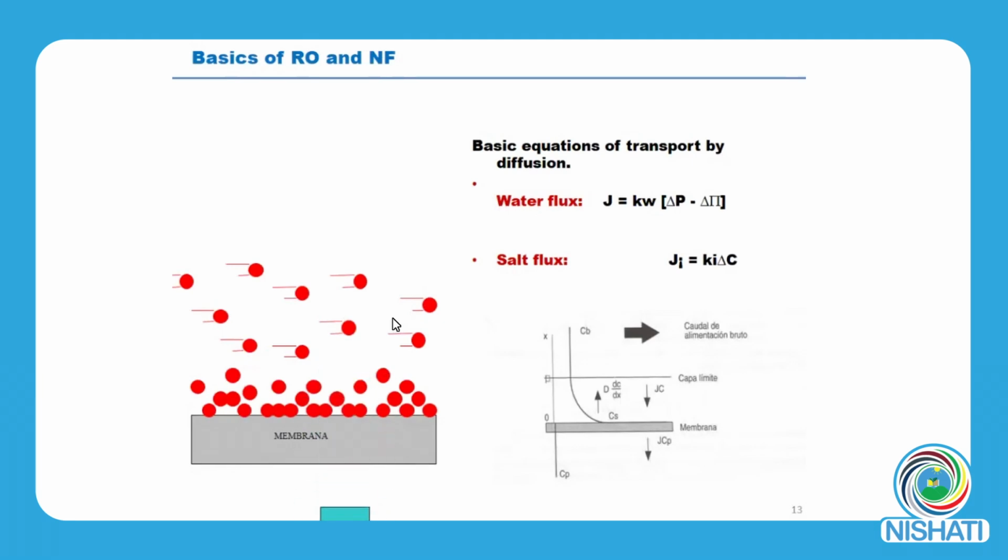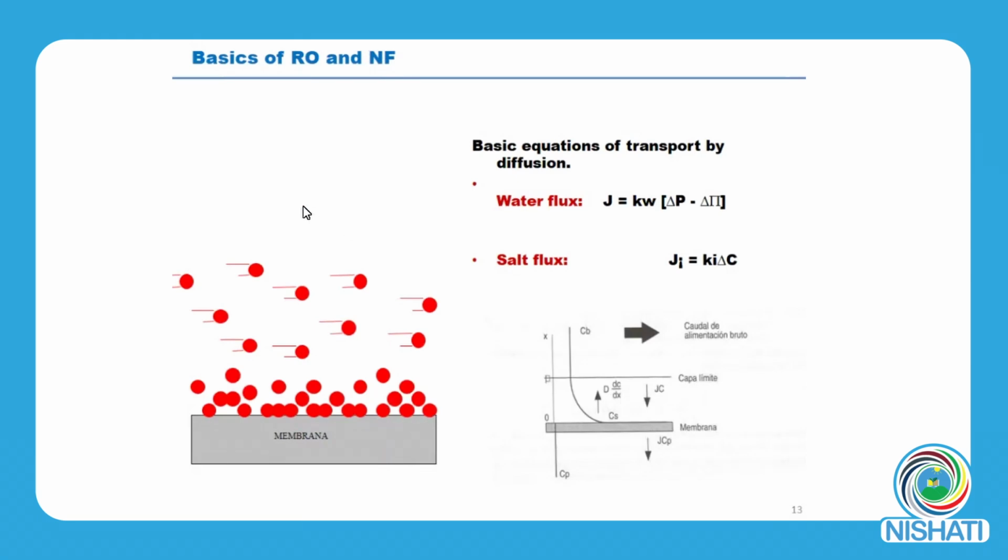Okay, let's see this slide, that is very interesting. This only happens in permeable membranes, okay? When you have a membrane, you have a solution, and you are applying a force that makes the water pass through the membrane, the components are retained onto the membrane.